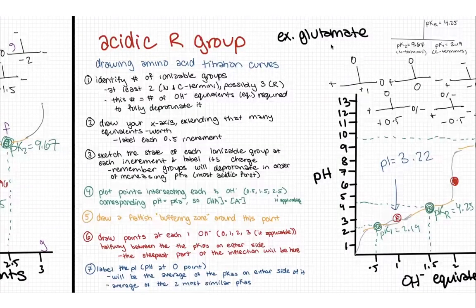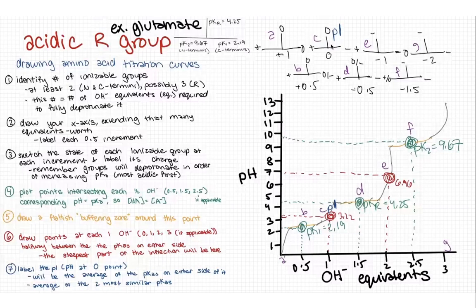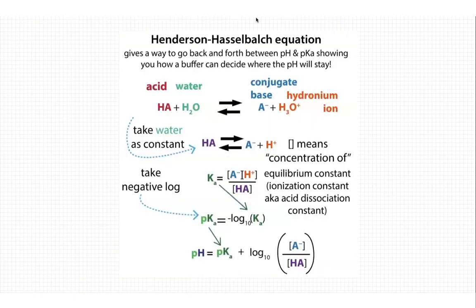So I hope you're prepared to do a lot of practice problems with these, and hopefully you can see that it's really not as bad as it seems like it would be. And for practical purposes, we're not actually going to use titration curves that much, but we are going to use our Henderson-Hasselbalch equation, so we'll get lots of practice with that as well.